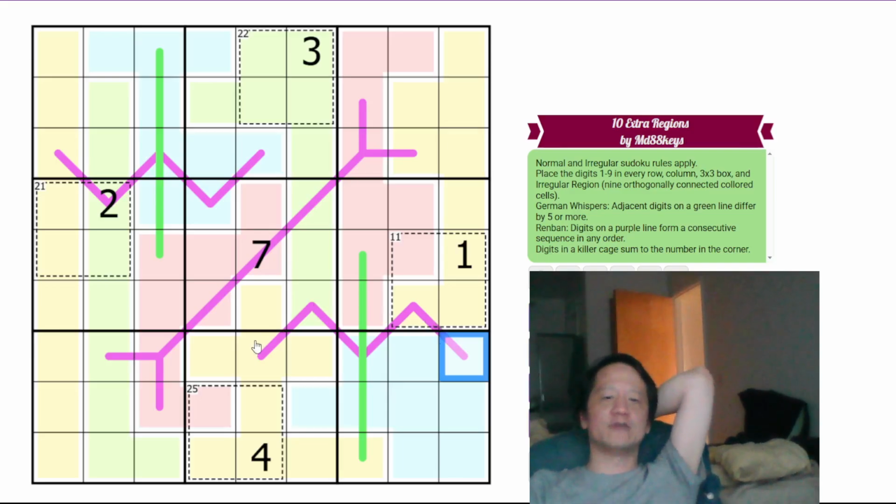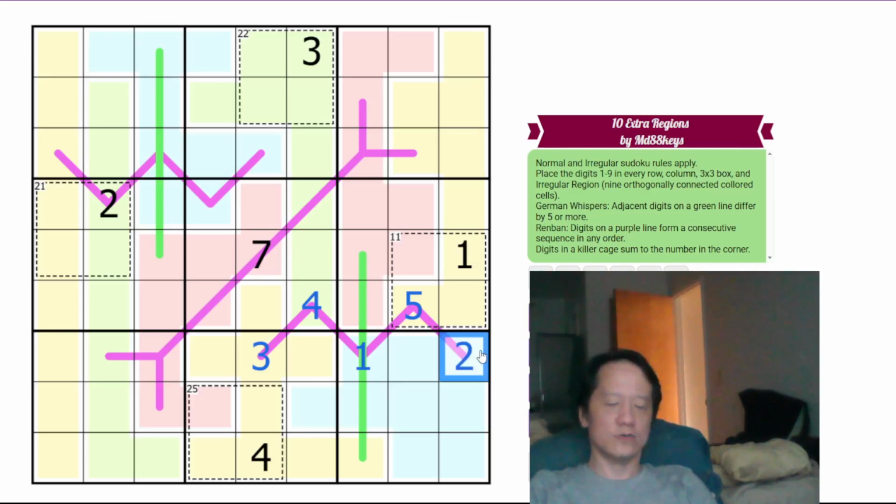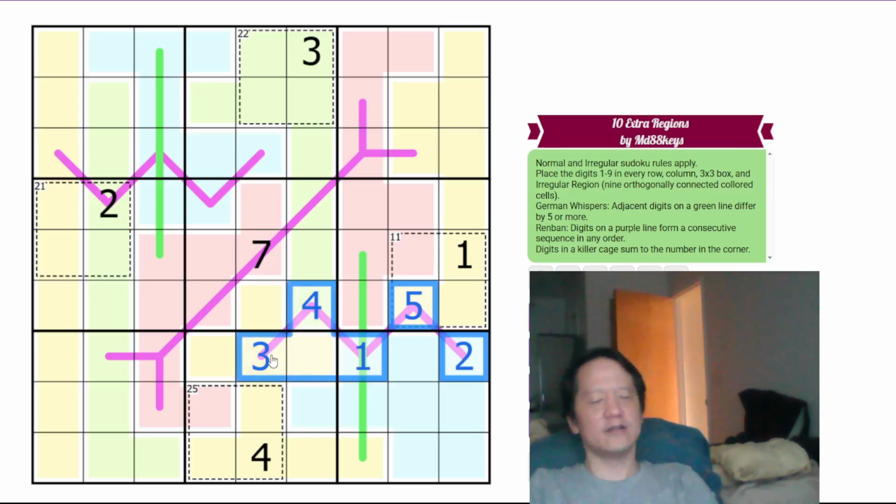So you would have to have something like 1, 2, 3, 4, 5, like 3, 4, 1, 5, and 2. This works as a valid Renban because it forms a consecutive sequence. But he does not say that there are no repeats. Interesting. I'll have to think about that a little bit.